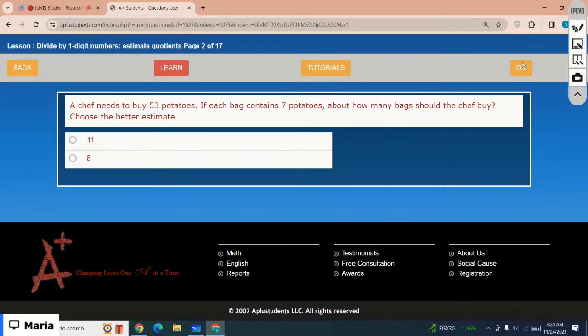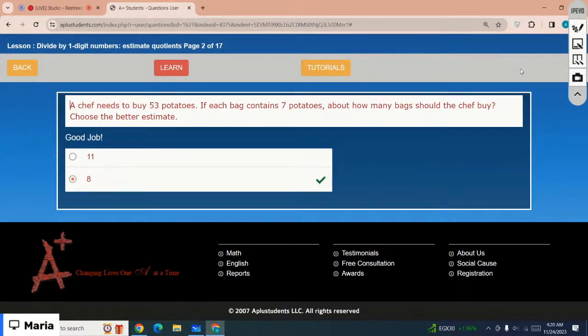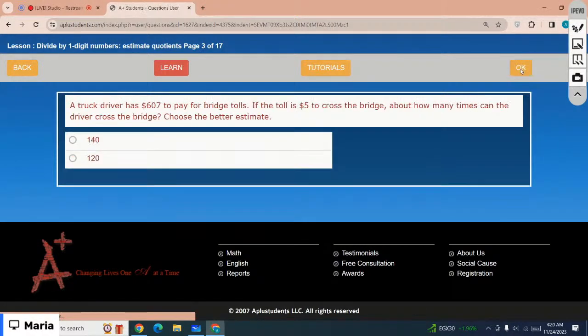Very good. The better estimate is 8. How? There are 53 potatoes, and 7 times 8 is 56, so that would be 8. Very good. You are very good with division or even multiplication, because usually no one is answering when I'm working on division. Very good.